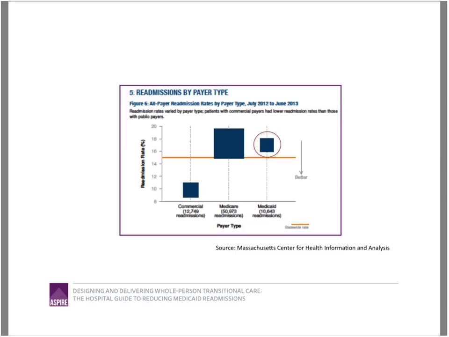And for all Medicaid patients circled in the small blue square, you can see that all adult non-OB Medicaid patients had a higher rate of readmission than any other payer category in the state of Massachusetts. To be sure, it's very close to the Medicare readmission rate. In Massachusetts, the Medicare readmission rate was 17% and the Medicaid readmission rate was 17.5%.